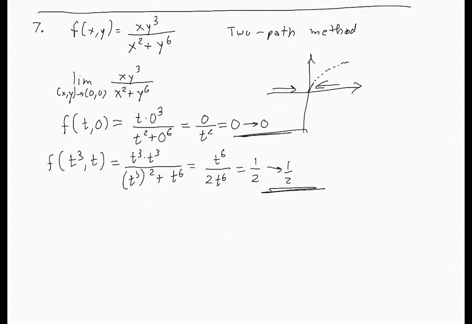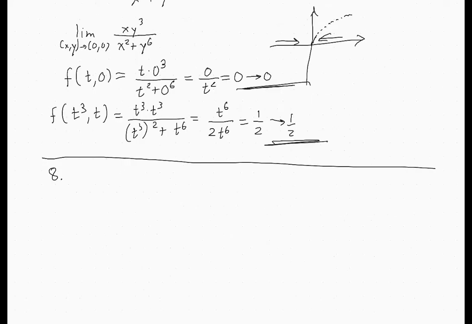And let's do the last problem. So for the last problem, we have the function f of x y to be equal to x over x plus 2y. And we would like to find f sub x of 3, -1 and f sub y of 3, -1. So what is f sub x, first of all?